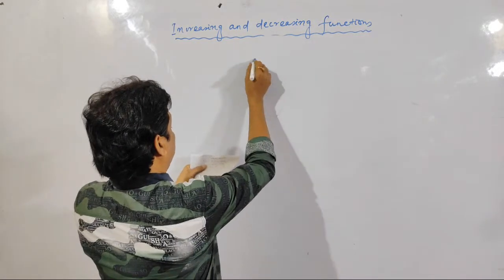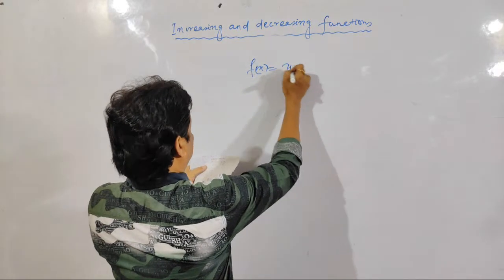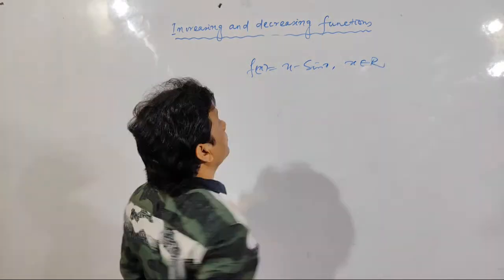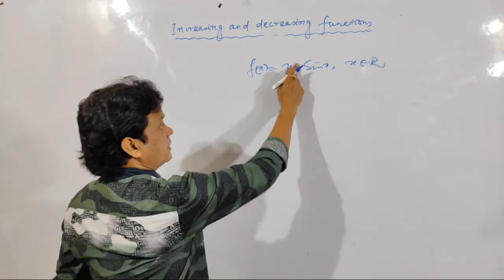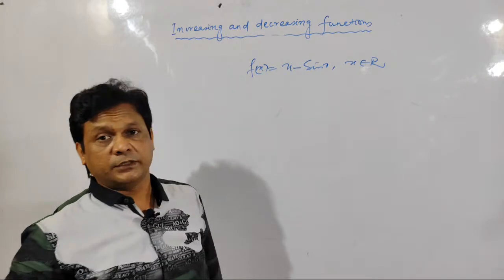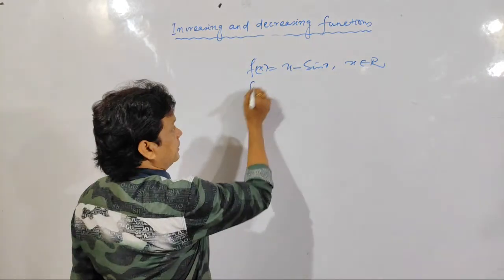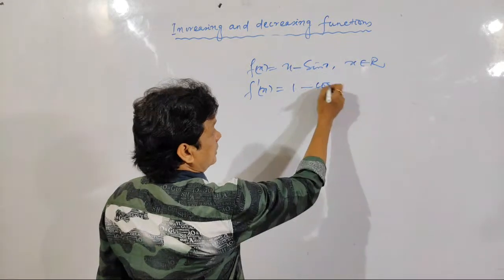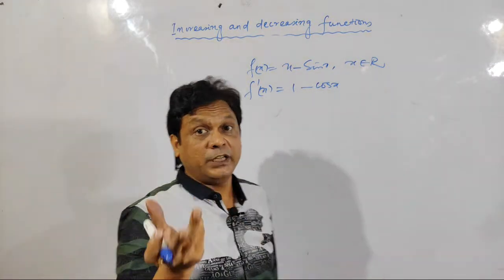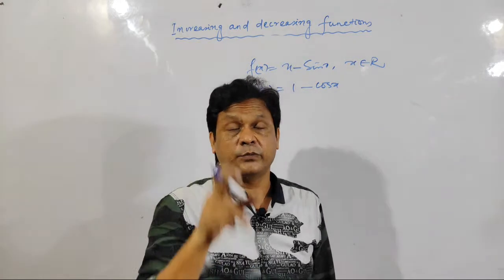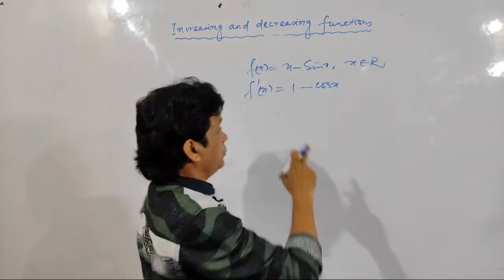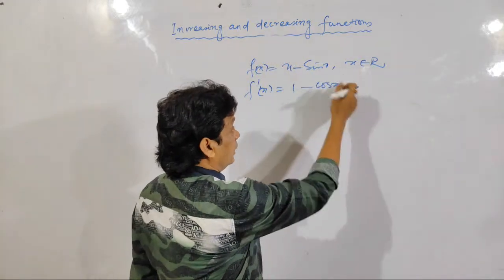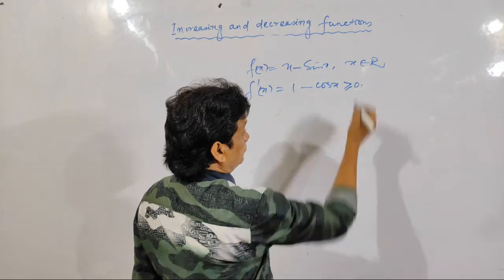Next is here, f of x is equal to x minus sin x when x belongs to R. And what is the derivative? Very simple. Derivative of x is 1 and derivative of sin x is cos x. And already I have told you the maximum value of cos x is 1. So this quantity cannot be greater than 1. So this total quantity is greater than or equal to 0.